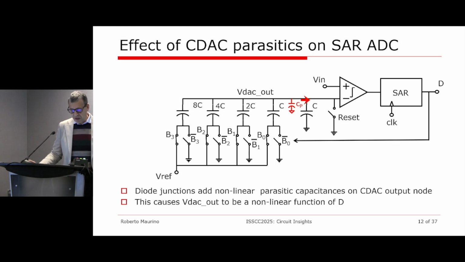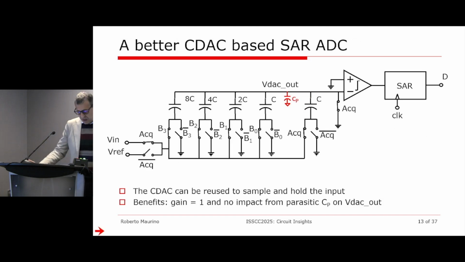So how can we deal with that? There is a much better implementation of a CDAC-based SAR ADC, and it is shown in this slide. So the difference compared to the previous one is that here we start by sampling the input on all the CDAC capacitors.